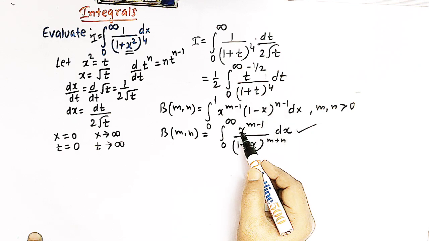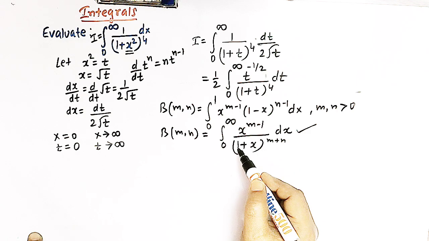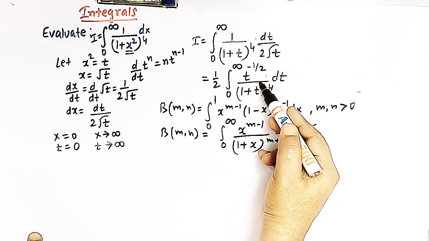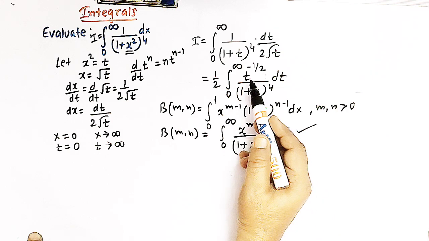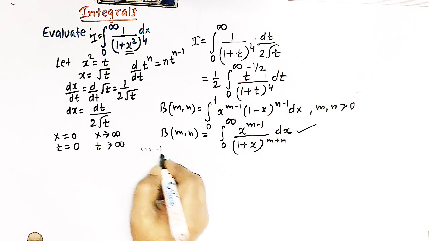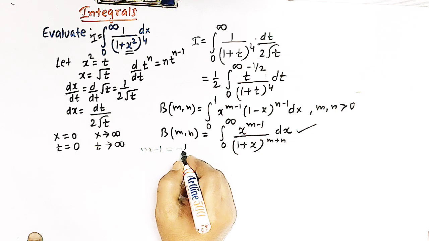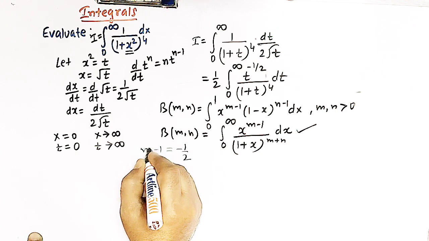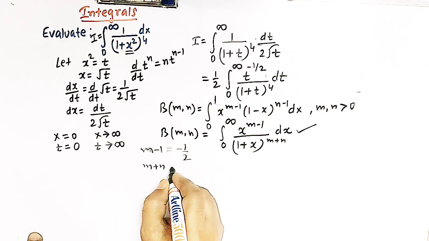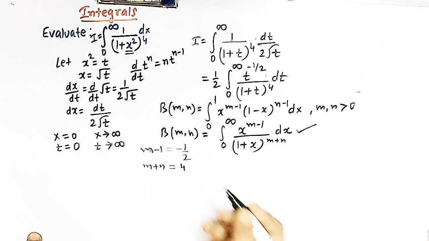So here we have x raised to m minus 1, here we have (1 plus x) raised to m plus n. So now if we compare this integral with this one, then we can write m minus 1 is equal to minus half, and m plus n can be written as 4.